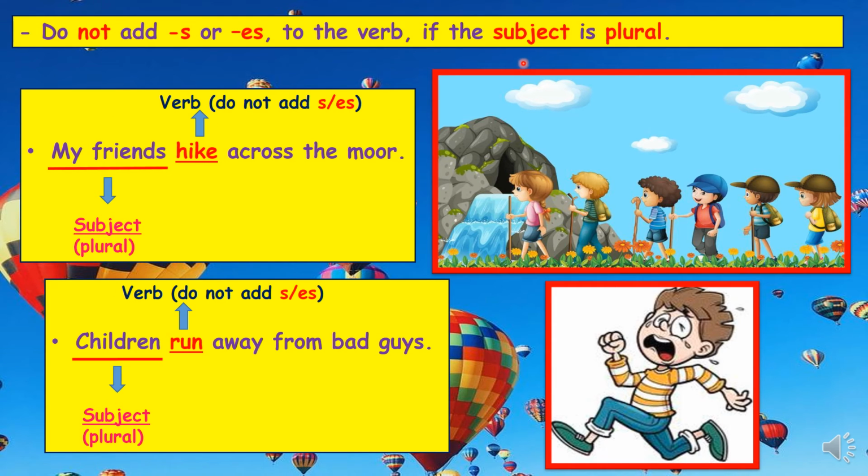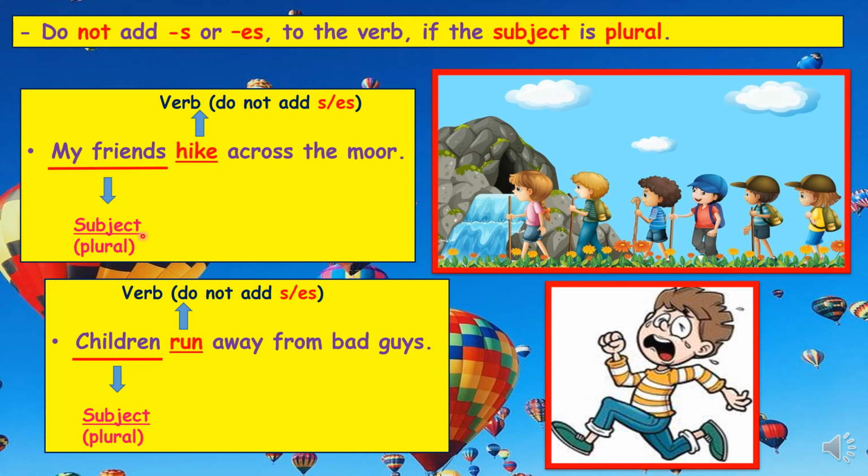Let's check if the subject is plural. Do not add s or es to the verb if the subject is plural. For example, my friends hike across the moor. My friends is the subject. And here, in which form is the subject?